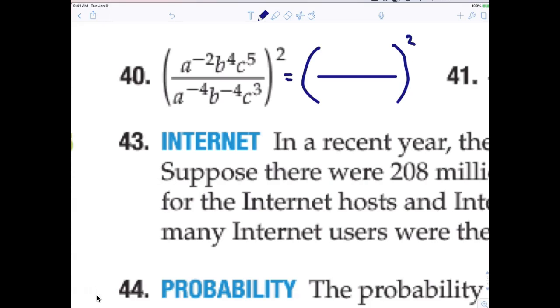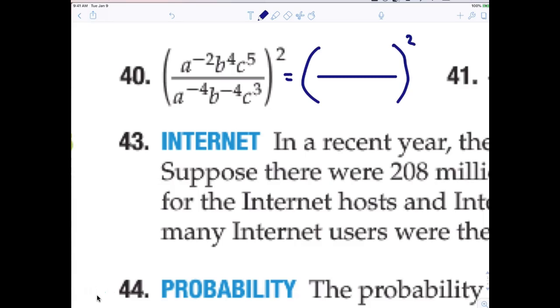You're already messing me up. A to the negative 4 goes where? To the top. It's okay, come on. So work it through. Then this goes a to the where? 4th on the top, a to the 2nd on the bottom. B to the negative 4 goes up. Now what I want your brain to do is tell me what happens if a to the 4th is on top and a squared is on the bottom.